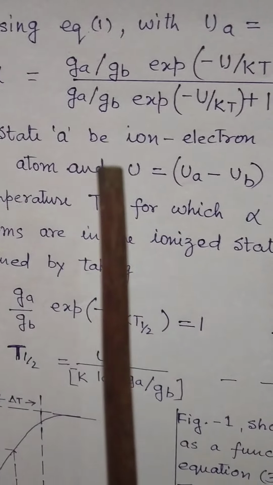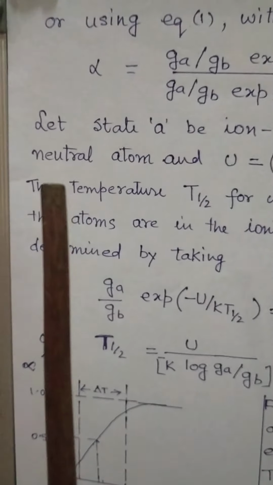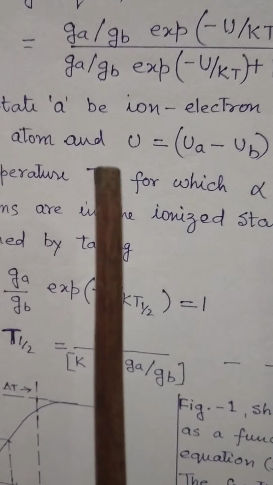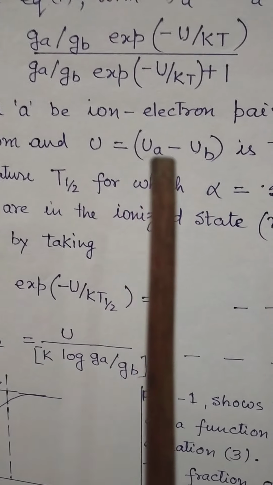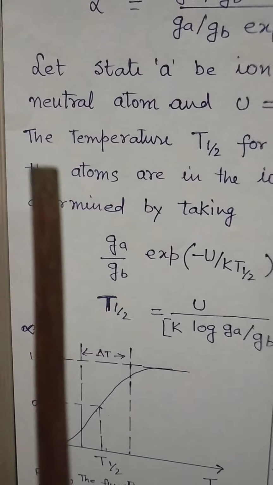Let state A be the ion-electron pair and state B be the neutral atom, and U equal to UA minus UB is the ionization energy.